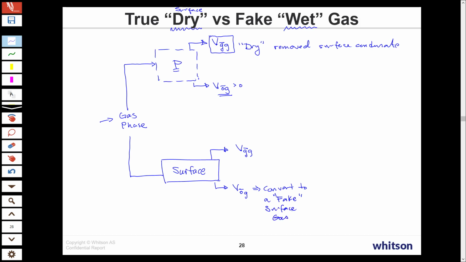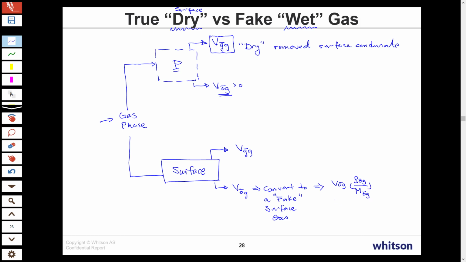Why would you do that? It's another discussion. But we do that in engineering of gas condensate fields. We sometimes want to do that. And what we're going to do is take that, and the way you convert that is that you have to convert first this volume of what's actually a liquid, you multiply by its density of that condensate, and divide by the molecular weight of the condensate, okay?